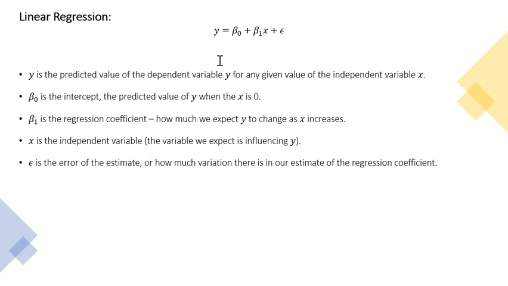Beta 1 is a regression coefficient which can explain which correlation between x and y we should expect. Epsilon is our error, x is the input independent variable, and y is the output dependent variable.